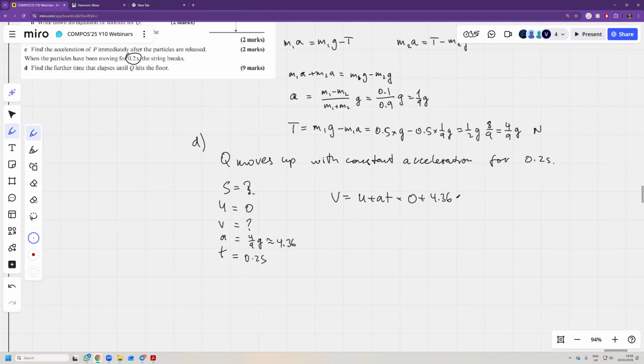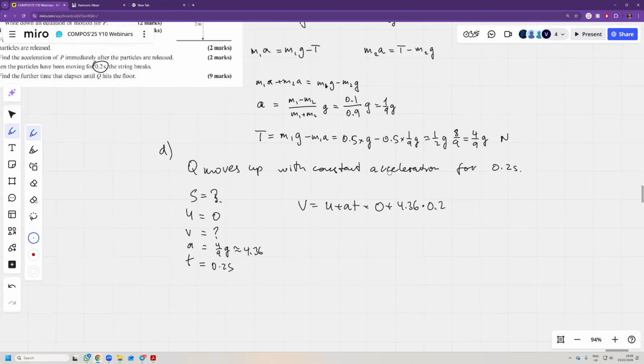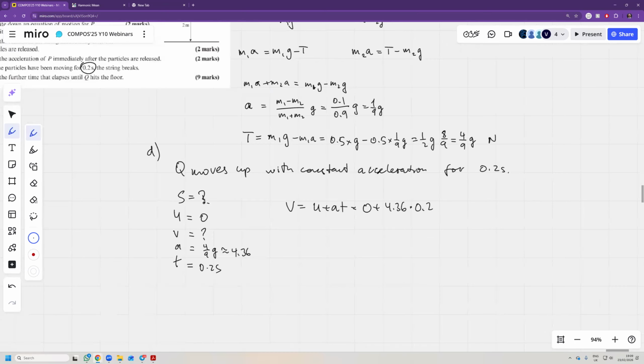Have I... 1/9 of g? Oh, what am I saying? No, 1/9 of g. That's the tension, 4/9. Pause. That doesn't make any sense. Acceleration is 1/9 of g, so it's not 4.36. 9.8 divided by 9 is 1.1.